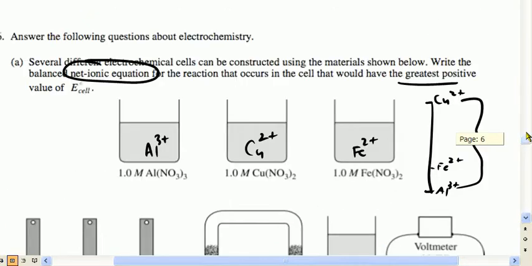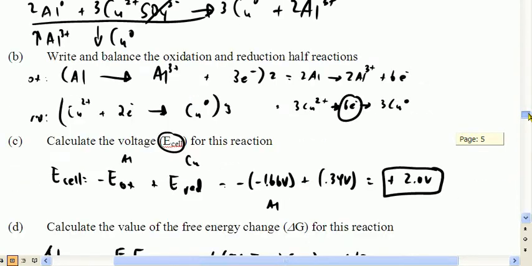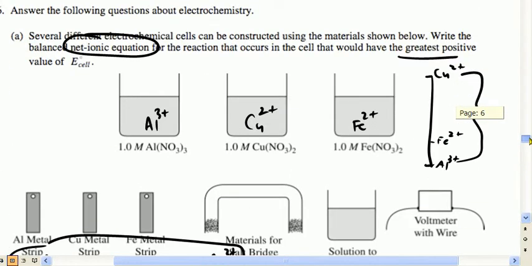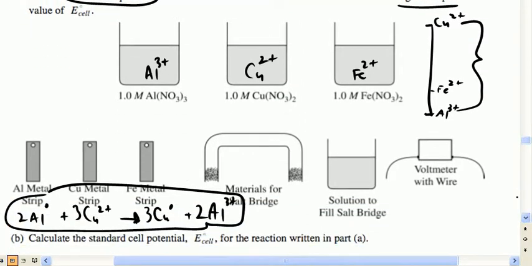Now this is just like the previous problem, except sulfate is the spectator instead of nitrate. If you want to see this set up the other way, it would be like saying Al0 plus Cu2 plus NO3 minus. That's really the way the reaction would be set up.